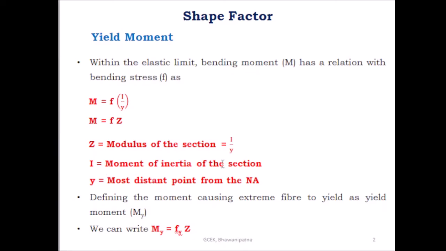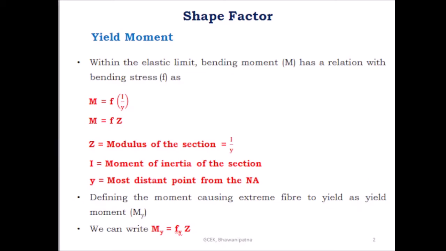I is the moment of inertia of the section and y is the most distant point from the neutral axis. Then defining the moment causing extreme fiber to yield as yield moment: when the extreme fiber starts to yield, that moment is called the yield moment.